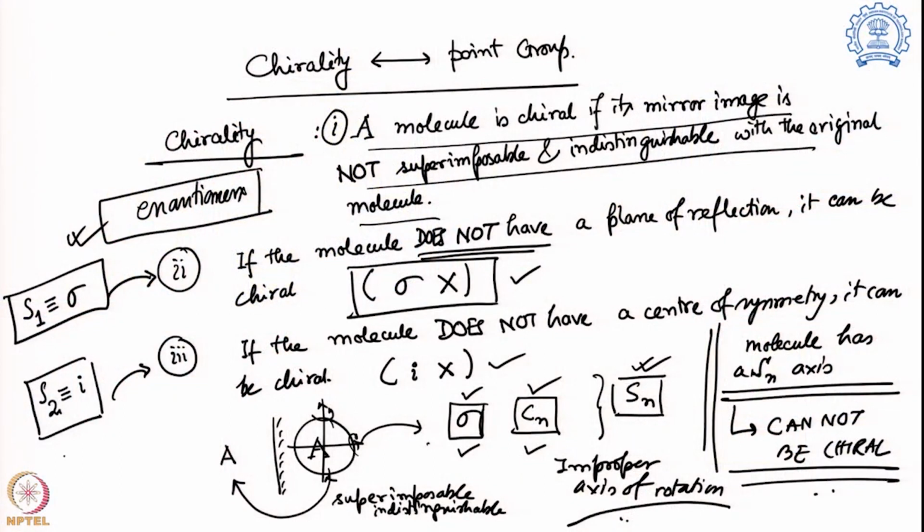And from there we say yes, if a molecule has a center of symmetry, it cannot be chiral. So, a molecule cannot be chiral where it has S1, S2 or any other Sn axis of rotation.